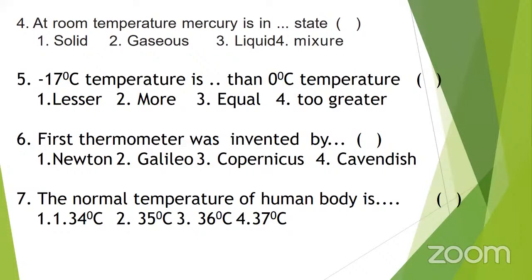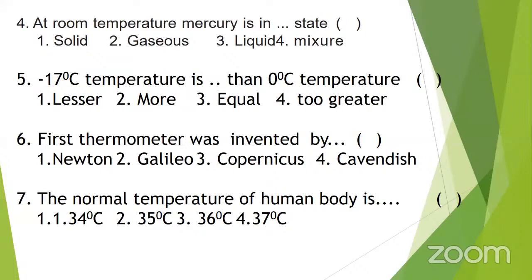Now you go through the questions and try to answer. At room temperature, mercury is in dash state. One question: minus 17 degrees Celsius temperature is lesser than 0 or greater than 0. You have to answer.